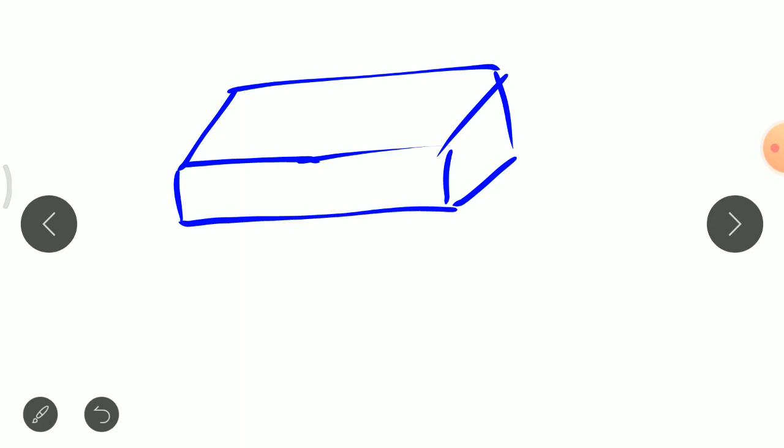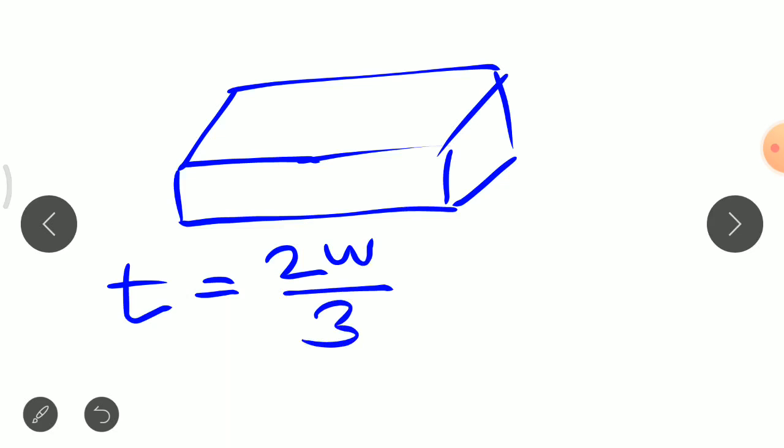Thickness is equal to 2 times width divided by 3, and we studied it in the first lecture on the key section, which you can find in the description.